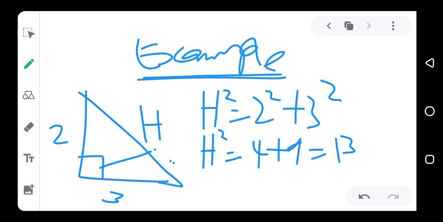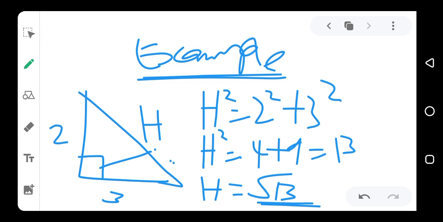This means that h alone is equal to root 13. This is the answer. H is root 13.